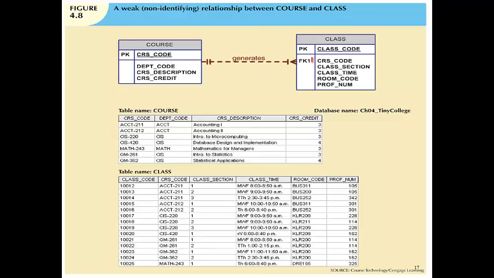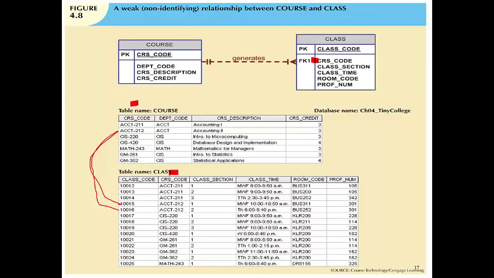And this is the key issue: the foreign key here, course code, is not part of the primary key of the class entity. You can see here is our course code in course, and here is our foreign key course code. So one instance of course is related to many instances of class.